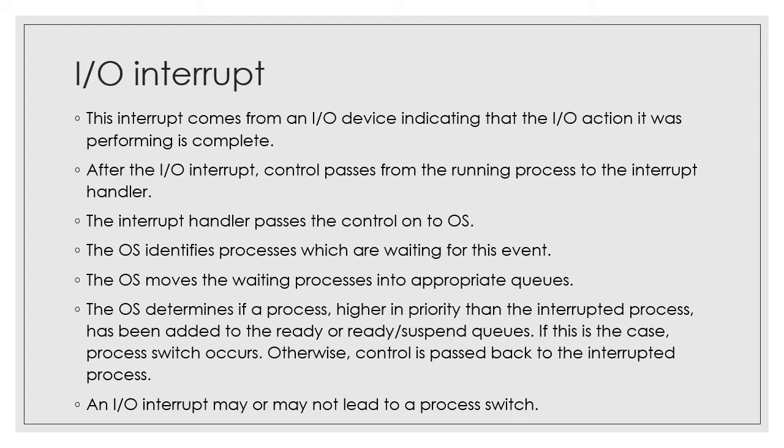In this way, a process switch occurs. If no higher priority process has been added to the ready or ready suspend queues, control is passed back to the interrupted process because it has the highest priority. An I/O interrupt may or may not lead to a process switch.